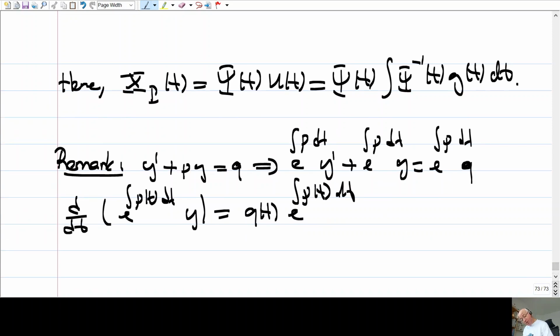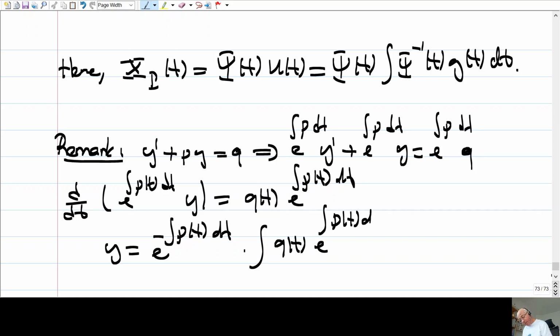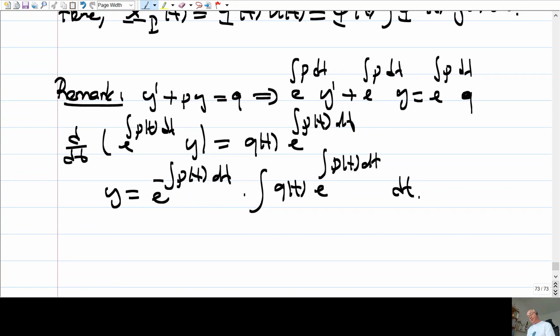And then we integrate this one more time and we obtain the solution as e to the power minus integral of p(t) dt times the integral, right? I first integrate and then divide by this. So I get the integral of q(t) times e to the power integral of p(t) dt, and then I have another dt here, right?